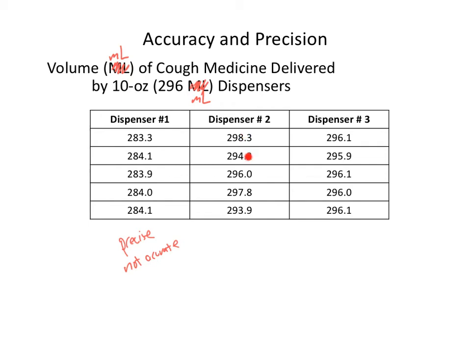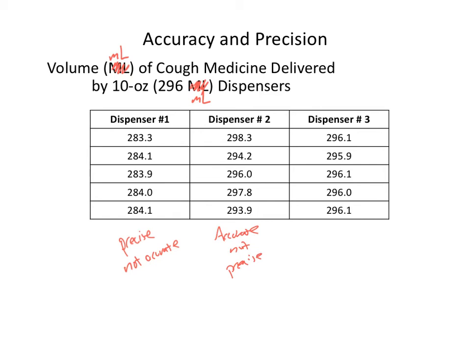In the second example, we're kind of clustered around 296. So 298, 294, 296, 297, 294 again. So we're kind of close to the right answer. So I would say we're accurate, but we don't have a very tight grouping. So in this case, I would say we're accurate, but not precise.